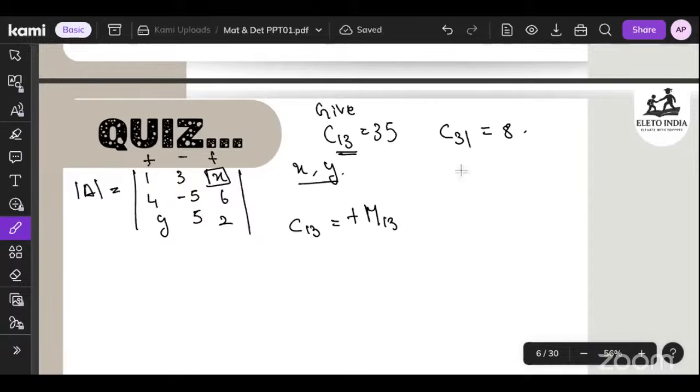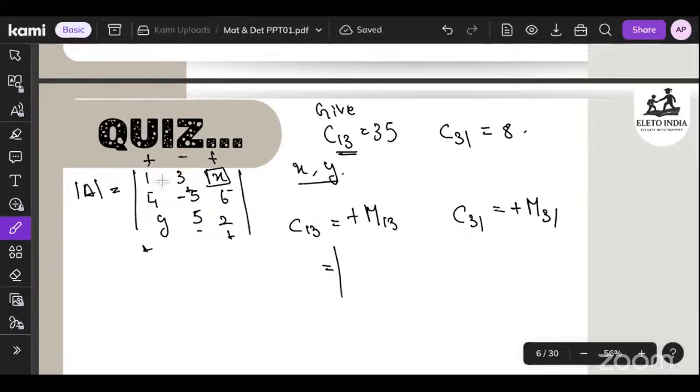Okay, and then what is C31? It will be here minus plus minus plus minus plus. So C31 also is positive, so it will be the positive of M31. Now what is M31? Let us do the determinant.